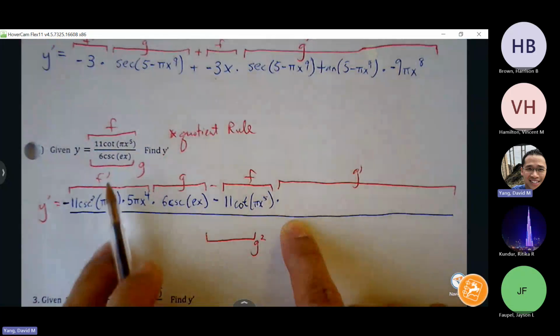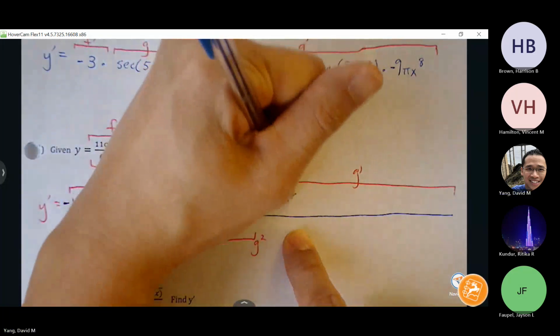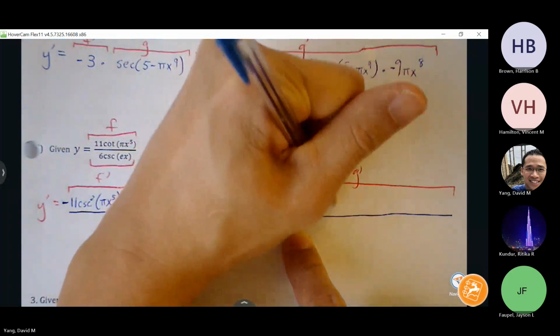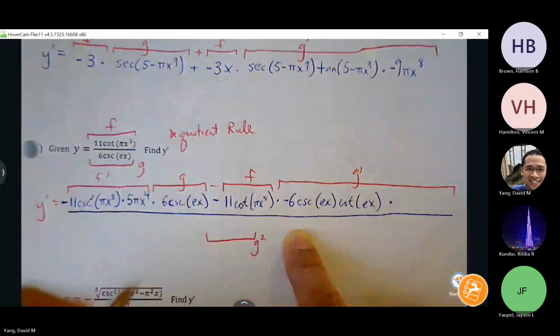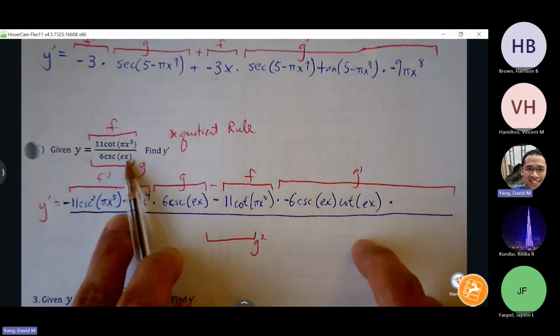Okay, g prime, cosecant becomes negative cosecant u cotangent u times u prime. U prime, e is just a coefficient, just like pi is a coefficient from the x. So the derivative of 3x is 3, so the derivative of ex is just e.